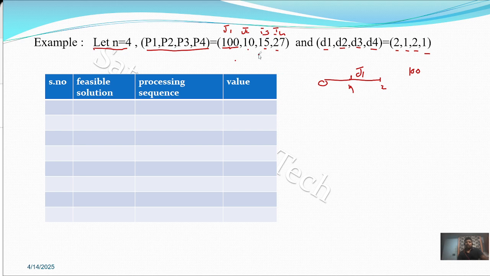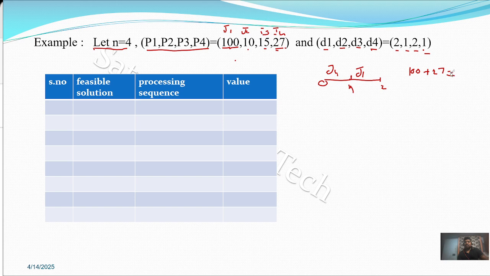The next maximum profit is the 4th job. If you complete the 4th job, you get 27. The deadline of the 4th job is 1, so it must be completed within 0 to 1. That slot is available, so you can complete J4 there and get 27.